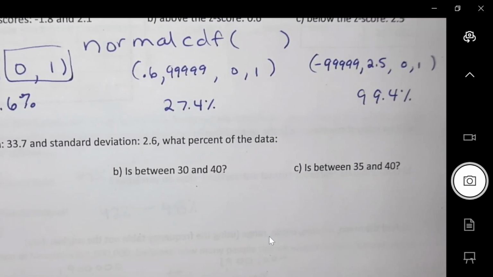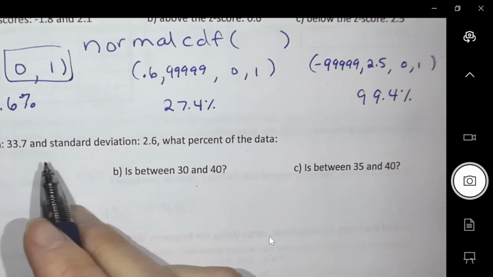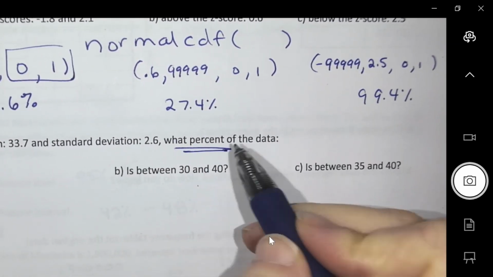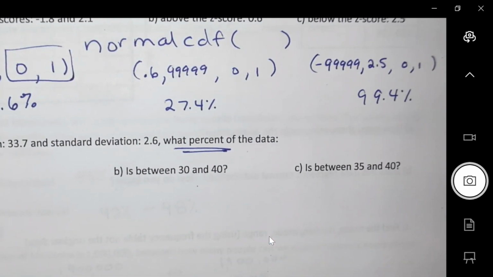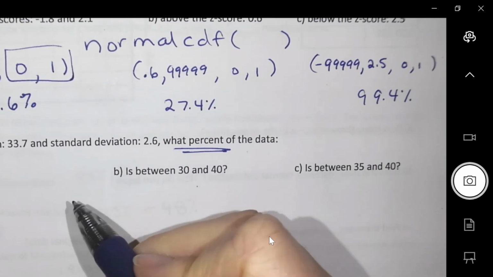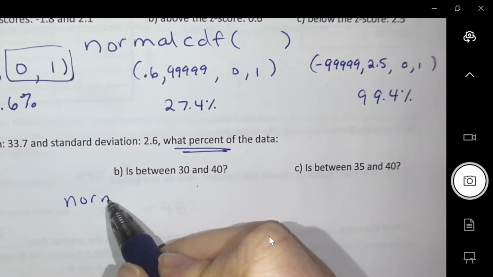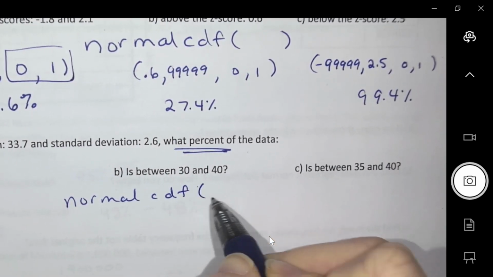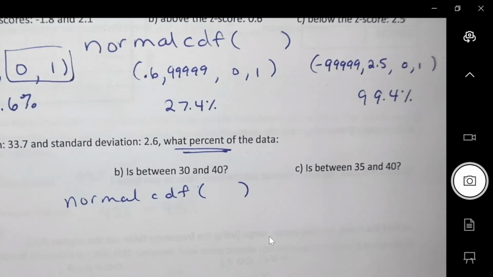Okay, number 10. Given a mean and a standard, what percent of the data? I want to know the percent, so I'm using normal CDF again. But this time I'm not using z-scores. That's the difference. The first question I use z-scores here.